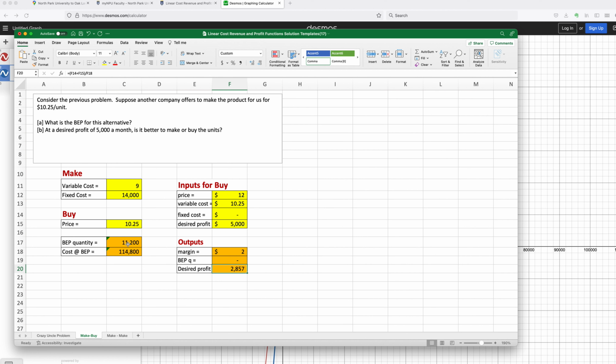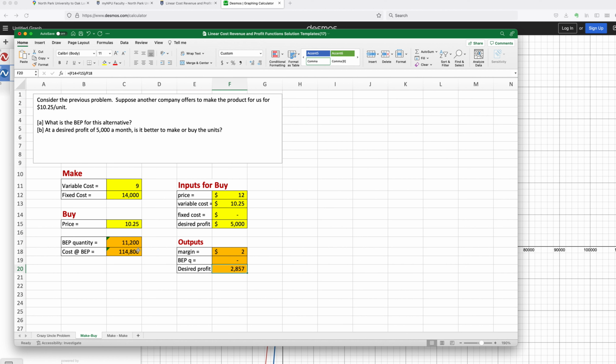The BEP here is for volumes less than 11,200 a month, it is more advantageous to buy the product. For volumes greater than 11,200, it is more advantageous to make the product ourselves.